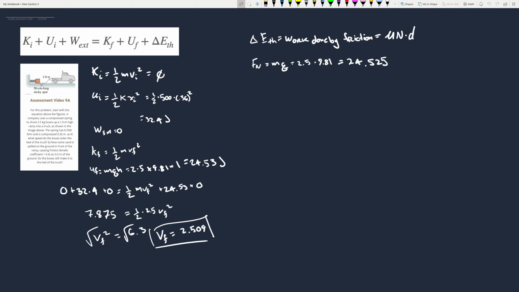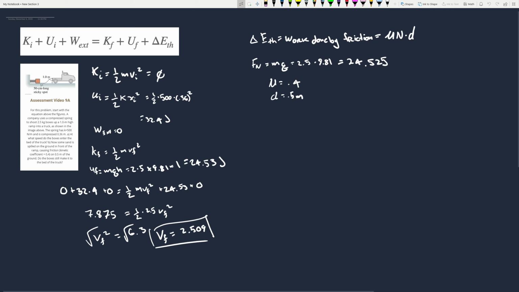Now we have our friction coefficient given to us. It's going to be 0.4. And we know the distance of the sand is 50 centimeters long, aka 0.5 meters long.